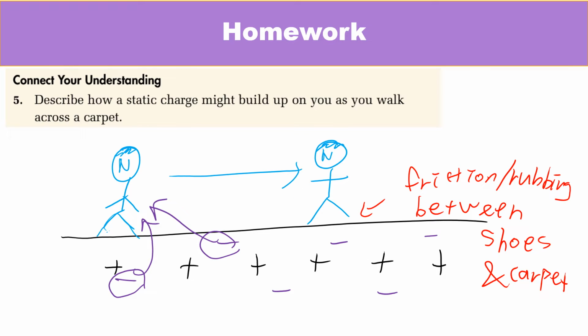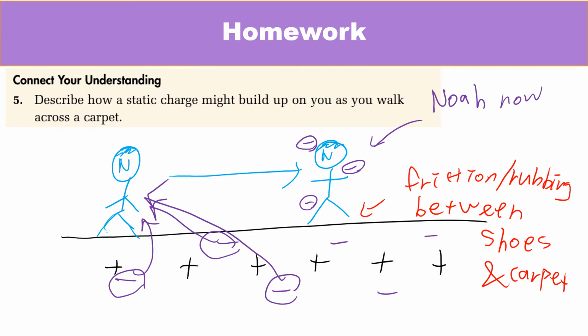In either case, it is okay. But let's say electrons are going toward him. Then he has more negative charge in him. So I like to say, by having this friction and rubbing between shoes and carpet, Noah now has excess electrons.